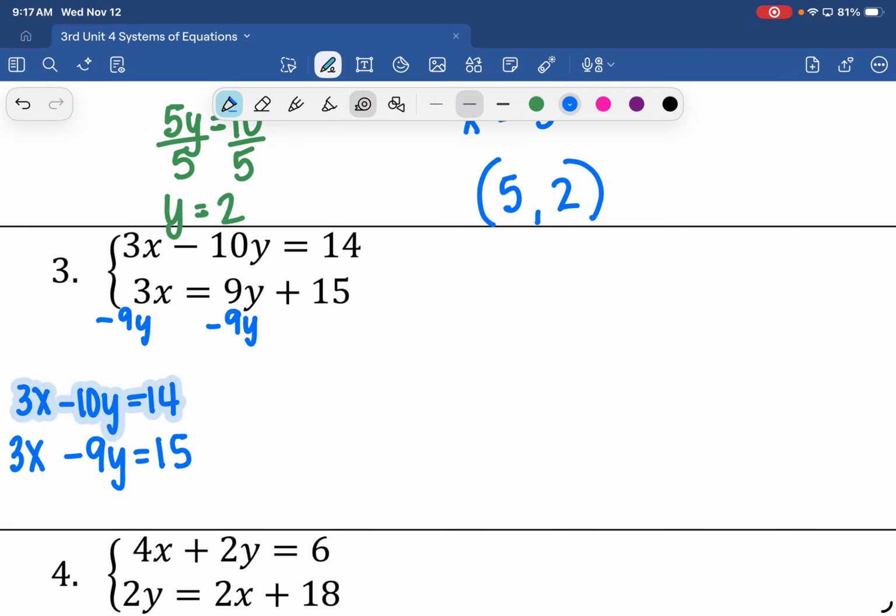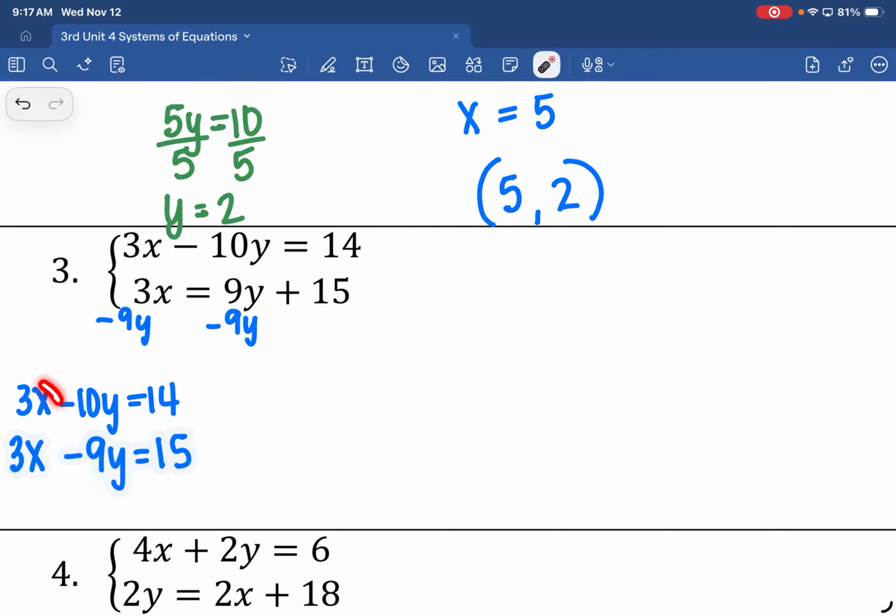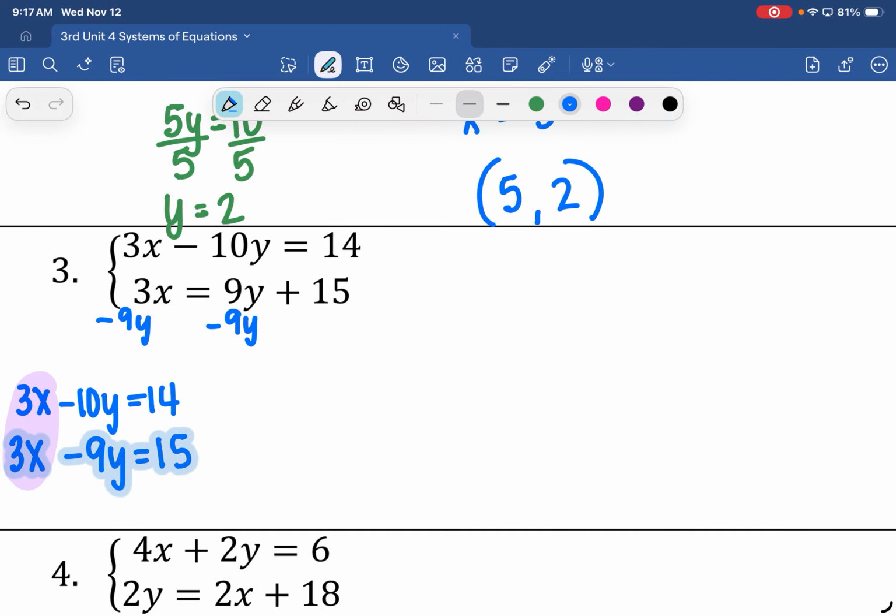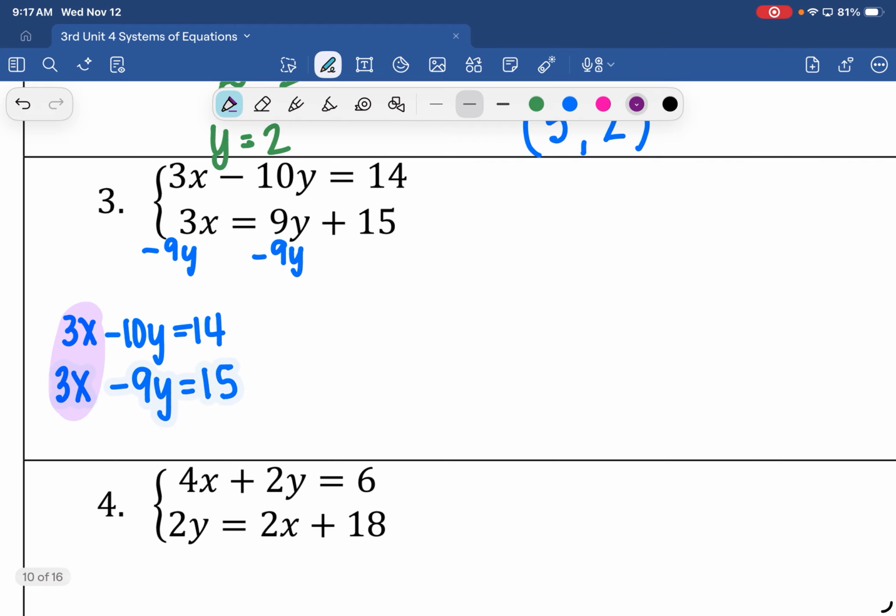Now we have everything all lined up. X's, y's, equals, and constants. Everything is all ready to go. Okay, now, from here, what is our common coefficients? 3x. So we are going to subtract them. Okay, what is 3x minus 3x? 0.